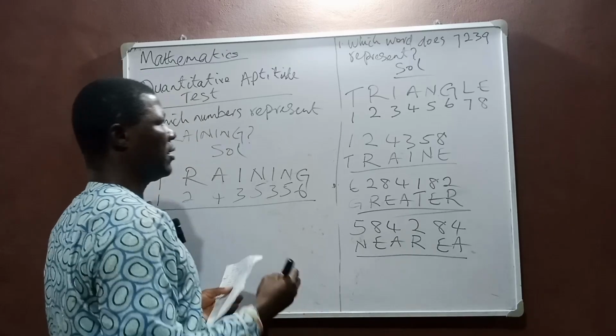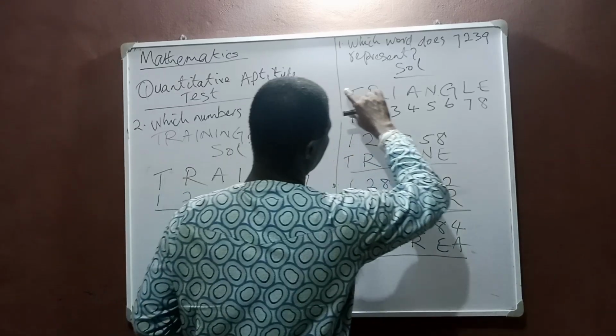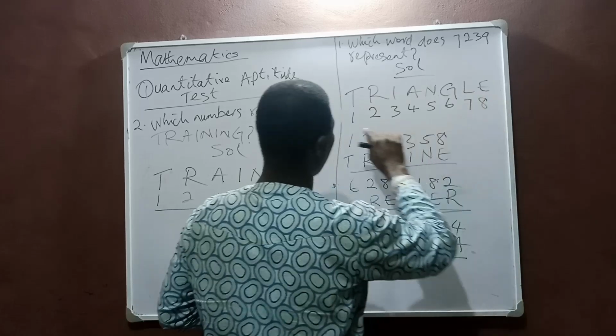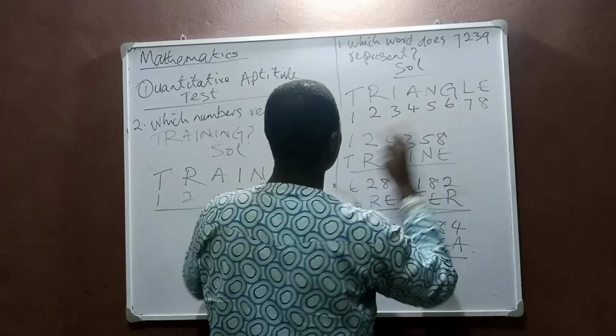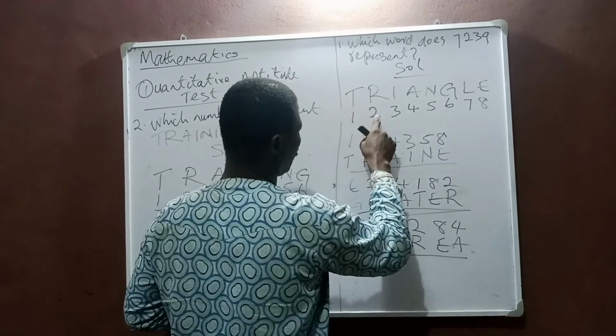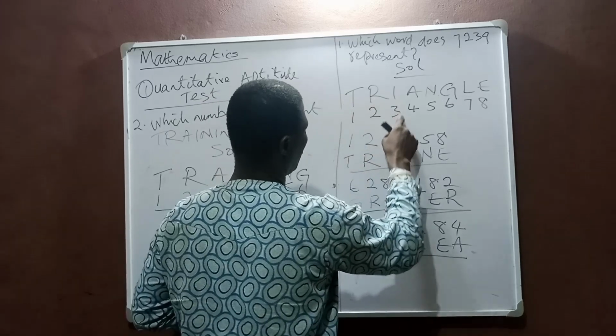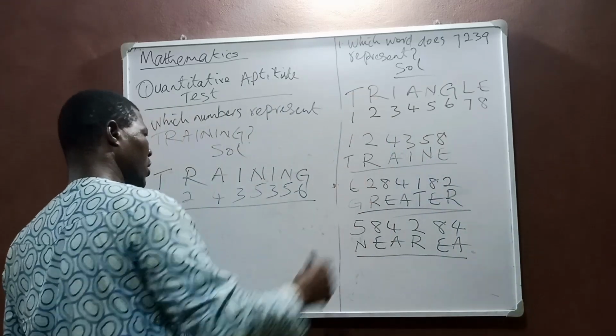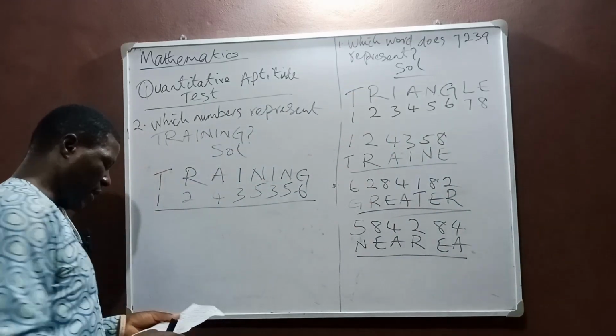You must state the sample clearly, write the word as it is to the end and match it with the numbers as it is. Don't mix the numbers. The first number must go to the first letter, second number to second letter, third number to third letter, just like that to the end. And if you are lifting it correctly, you will not make any mistake.